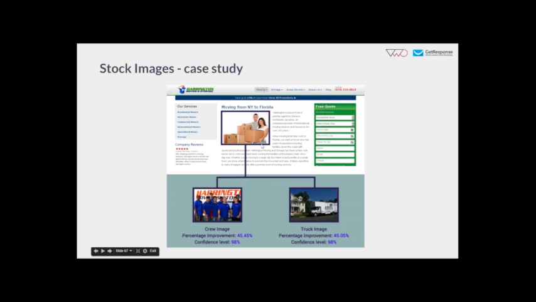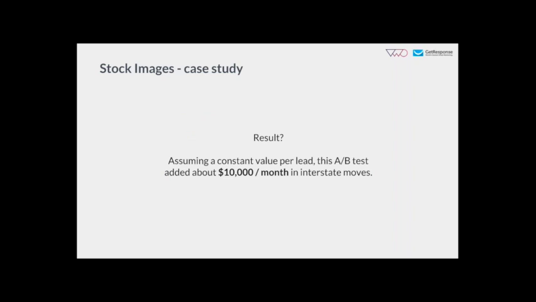Both of these compared to the original, which was the stock photo of a couple. So I think the truth of the matter is that in today's world, we're so used to stock images that we know they don't really convey anything meaningful, right? Oh, and the result, sorry about that. Assuming a constant value per lead, this A/B test added about $10,000 a month in revenue, right?